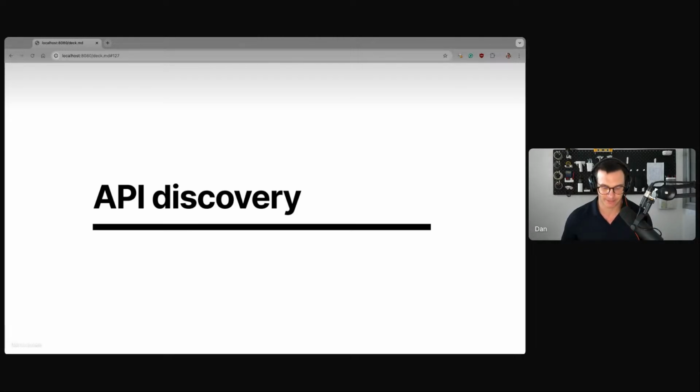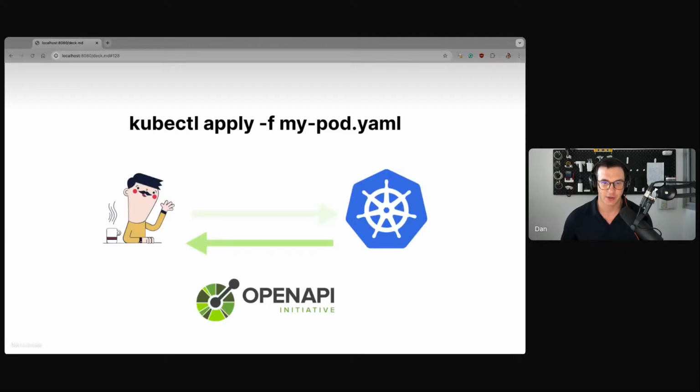But how does kubectl know that some YAML is valid or not? Well, it turns out that kubectl will just interact with the Kubernetes API server, which will return all the specs for all the resources via the OpenAPI. So kubectl will query the OpenAPI, which will download all the schema locally.